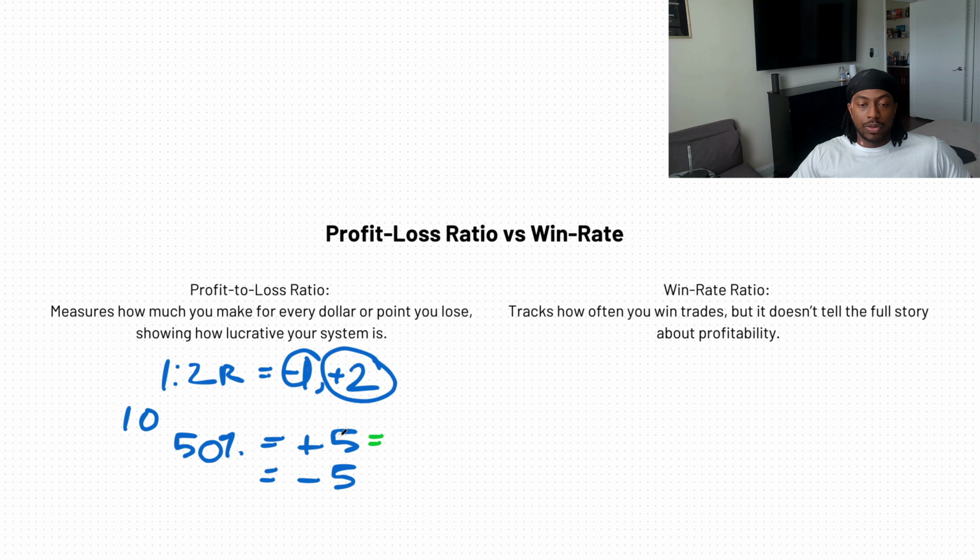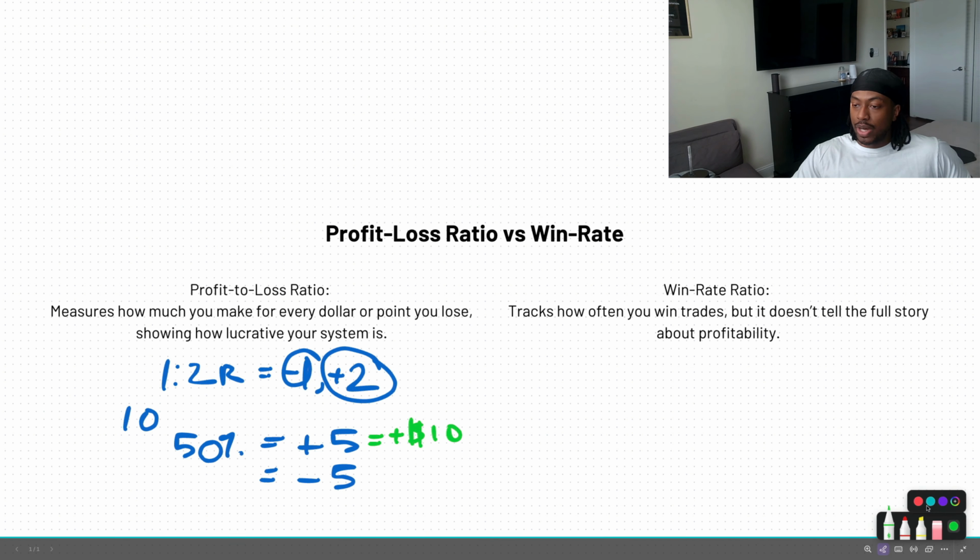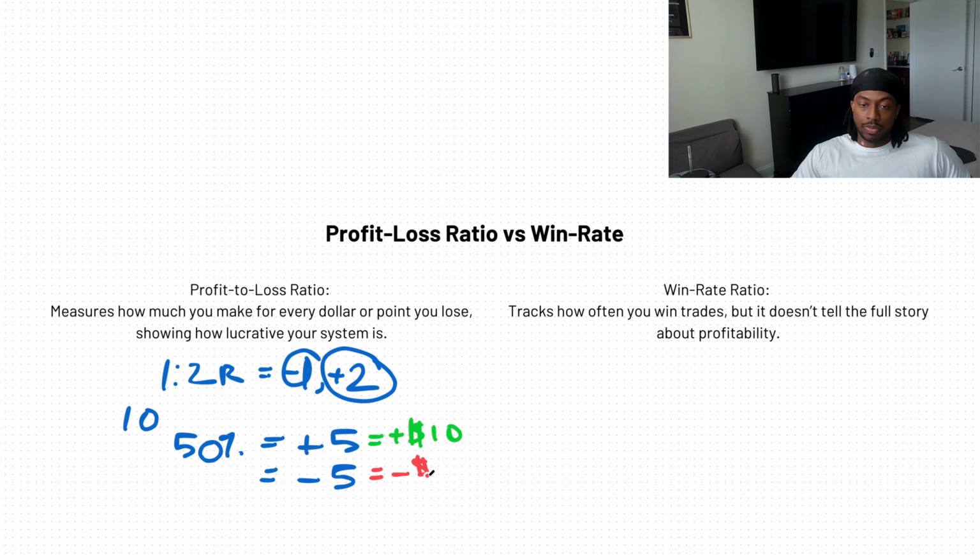So if I win 5 trades, that means I've made $10, and if I lose 5 trades, that means I lost $5.